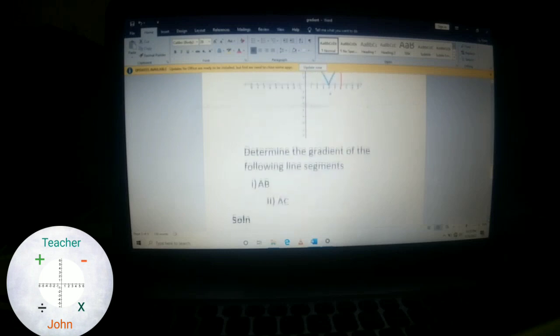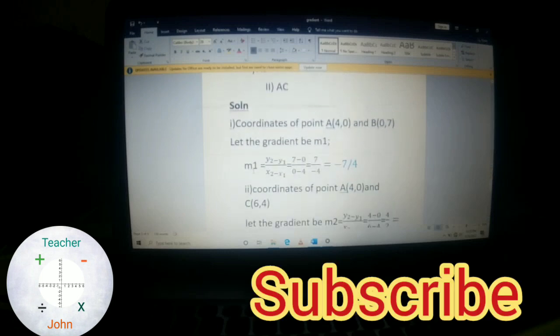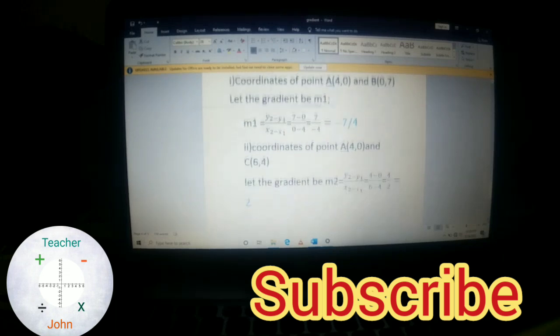If you are told AC, you get A, which is (4, 0), and C, (6, 4). You also substitute in your formula, y2 minus y1 over x2 minus x1, and you get the answers as you go on and on.